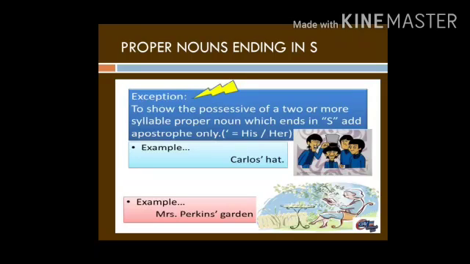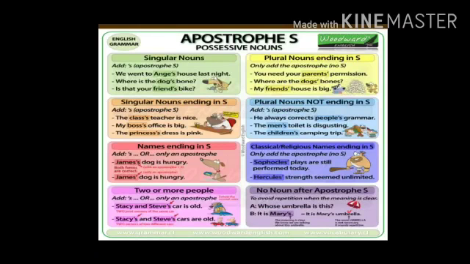When it is singular, which is not ending with s, it is apostrophe plus s. If it is a singular noun which is ending with s, the rule remains the same, like boss, princess, apostrophe plus s. If it is a plural which is ending in s, like parents, dogs, then you will just put an apostrophe after the word.